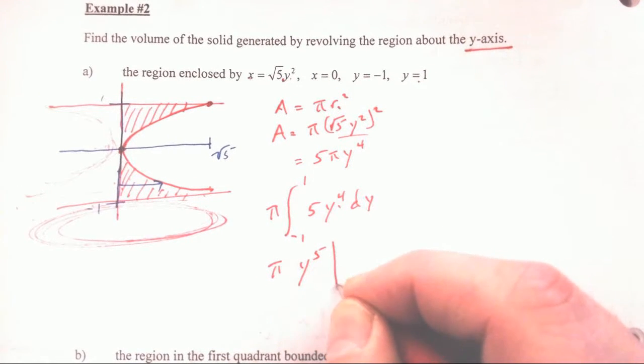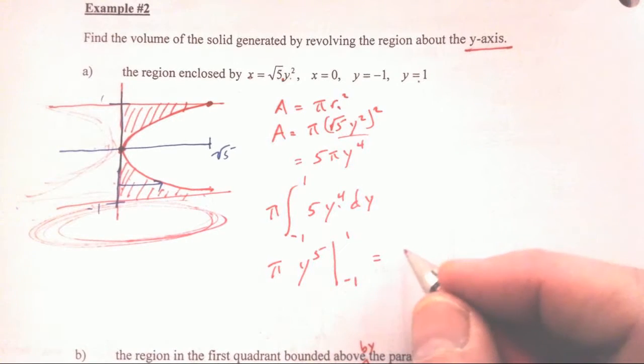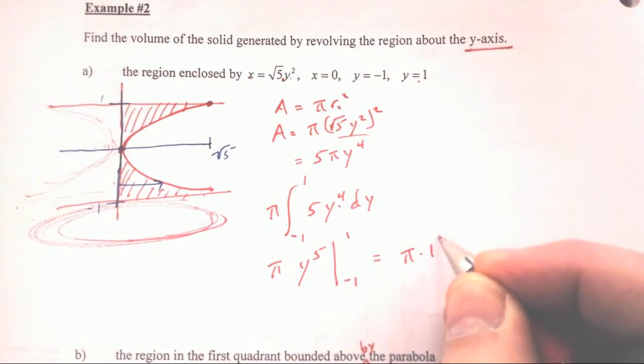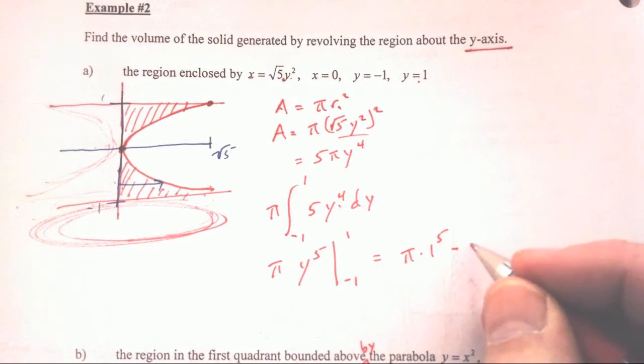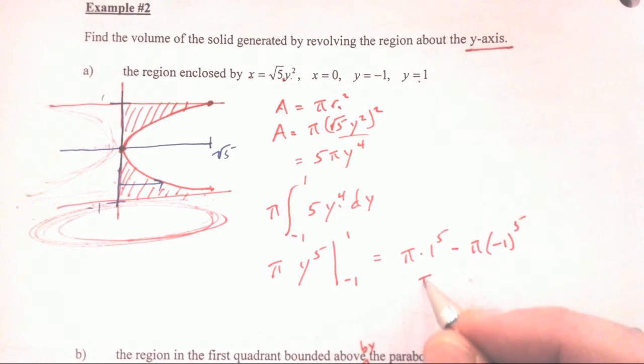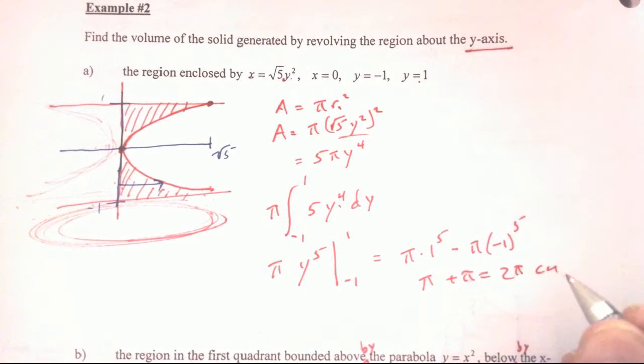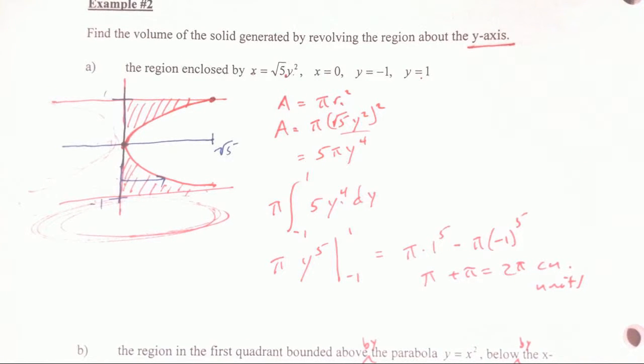So we've got it from -1 to 1. Wow, that cleaned up really nicely. We get pi times 1 to the 5th minus pi times -1 to the 5th. That's just pi plus pi, 2 pi cubic units. Well, that worked out well.